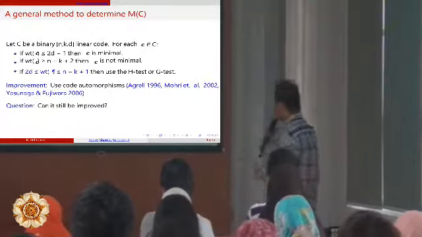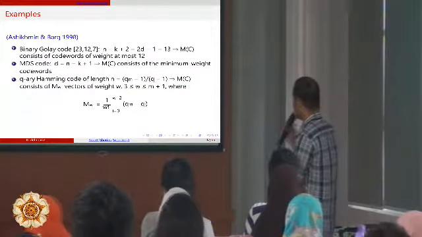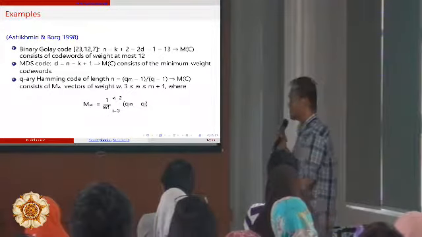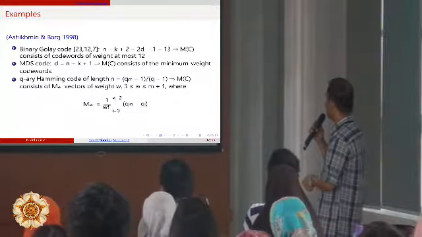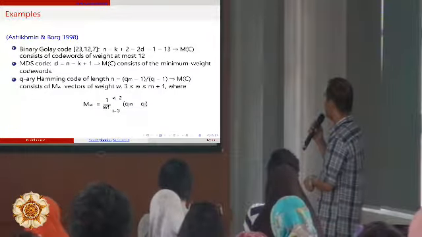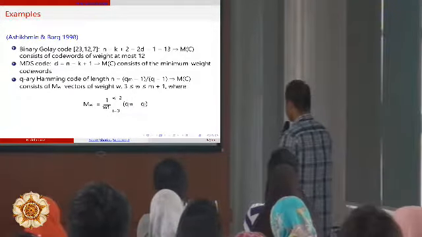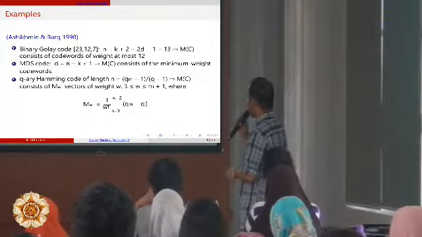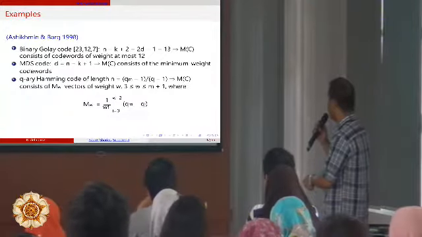Some examples of codes where we can determine the minimal code words: let's say the binary Golay code [23,12,7]. If you look at n minus k plus 2, it is equal to 13, and it is equal to 2D minus 1. So this implies that the minimal code words are the code words of weight at most 12. It cannot exceed 13.